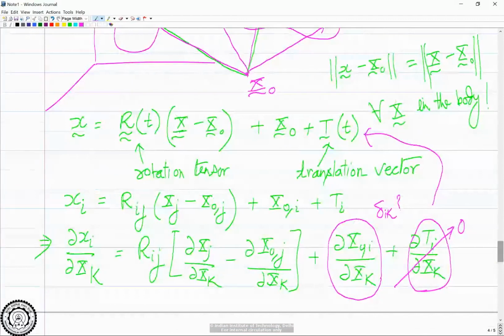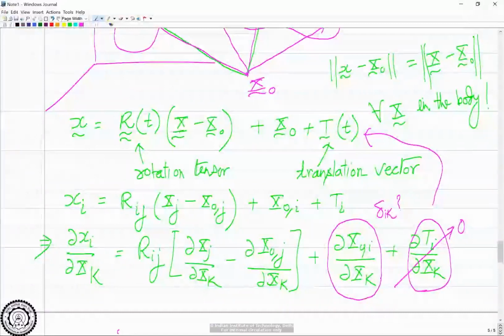Yes, sir. It should be 0. Why? Because it is constant. X naught, which is repeating, so it must be 0. Yes, so both Niranjana and Rajnish, they are right.